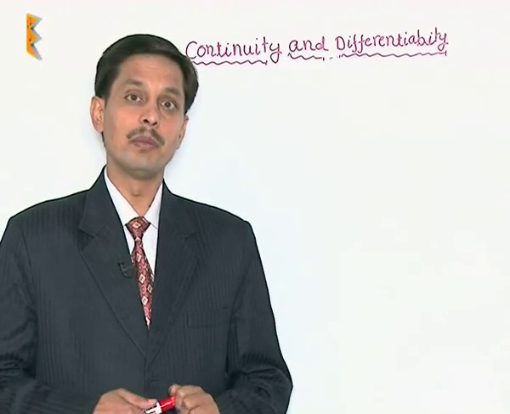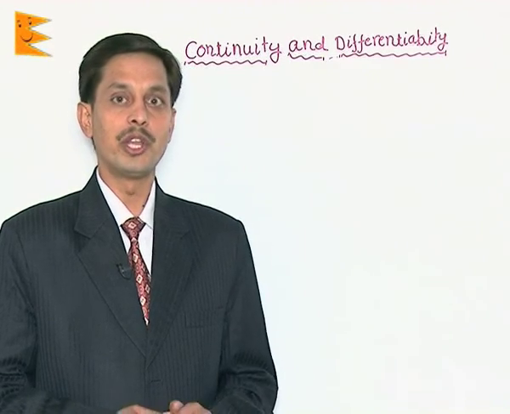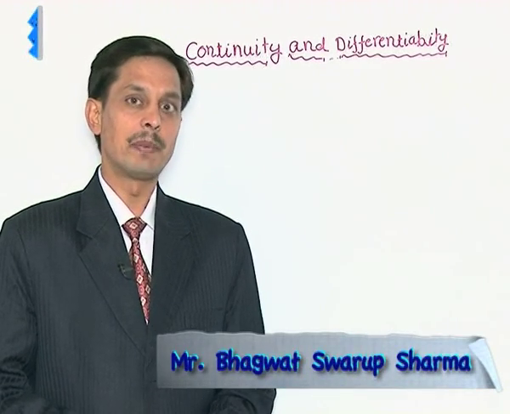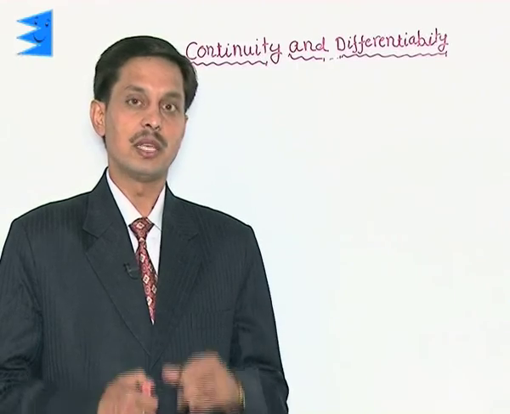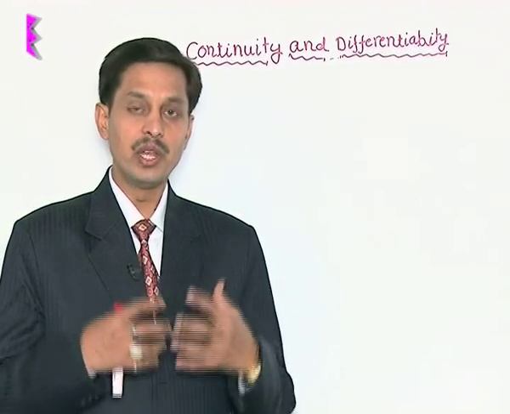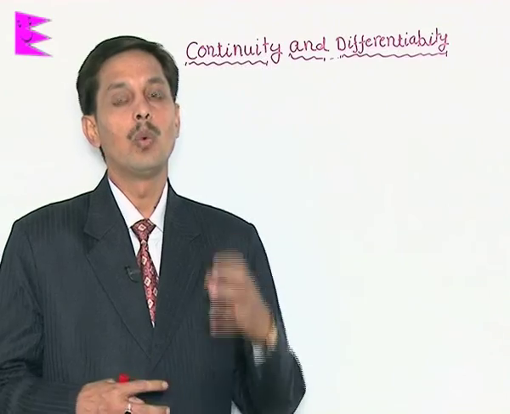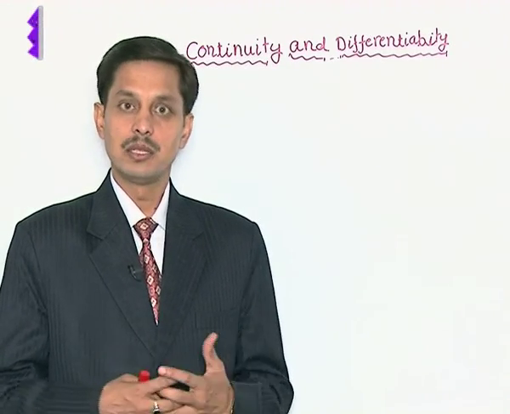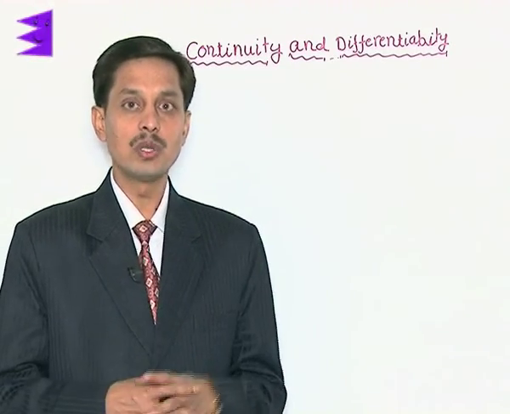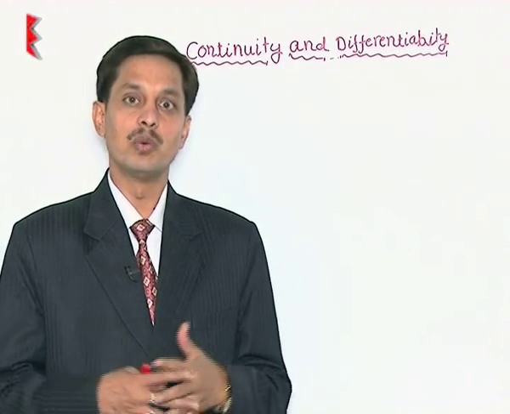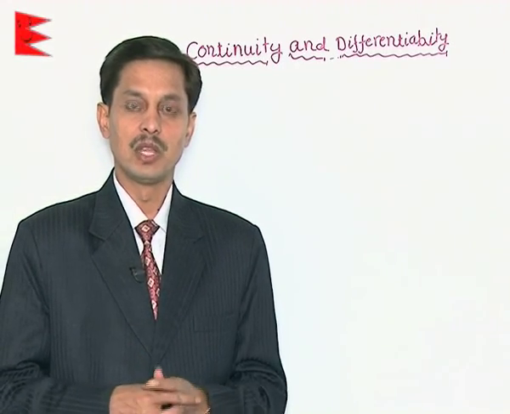I want to begin with the topic continuity and differentiability. The concept of continuity is as simple as we know, but we need to understand the meaning of continuous. As we count 1, 2, 3, 4, 5, these are continuous natural numbers.